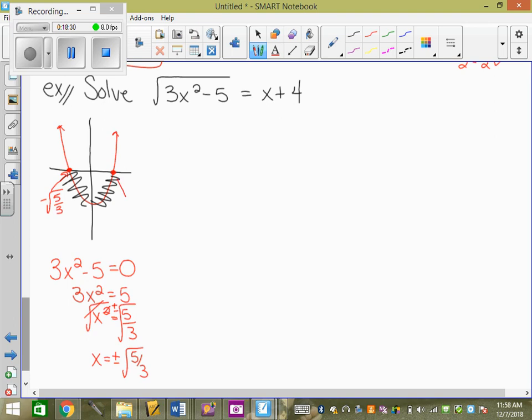This one here is positive root 5/3. So where do our x values exist? Where are they good? When x is less than or equal to negative root 5/3. Right? That's what these are. And then this is all the x values where x is greater than or equal to root 5/3.